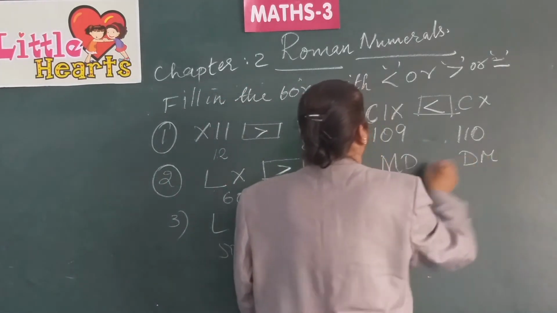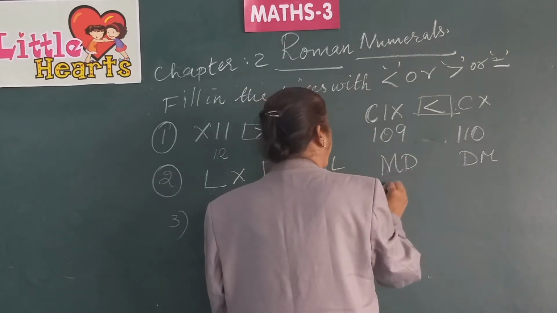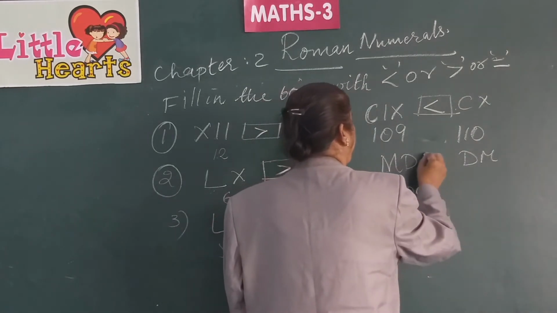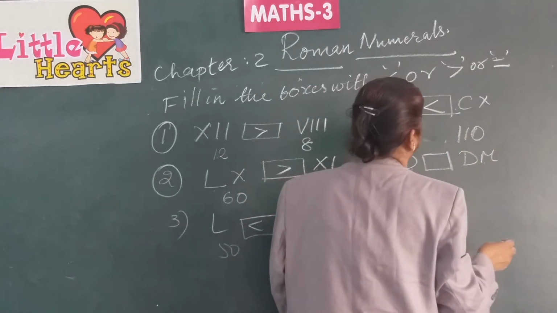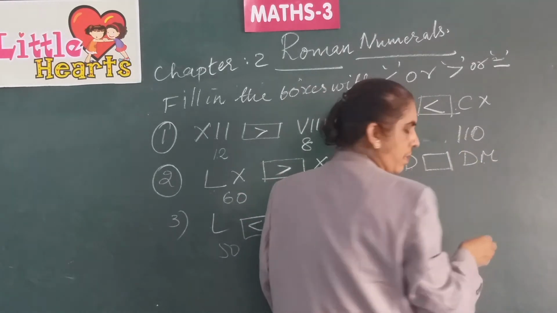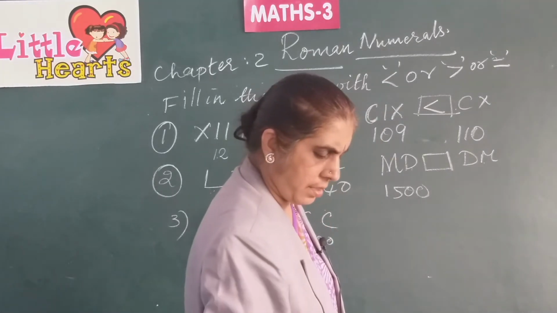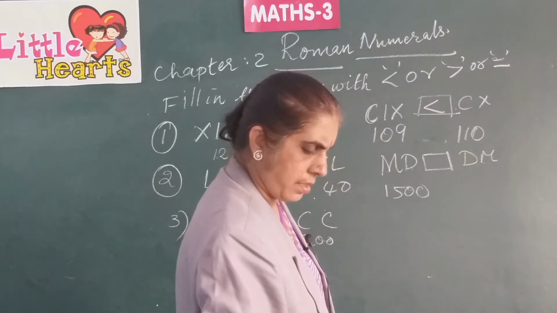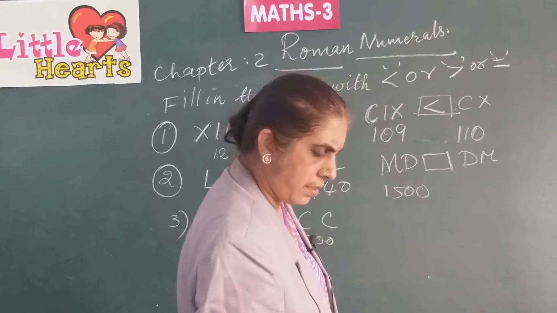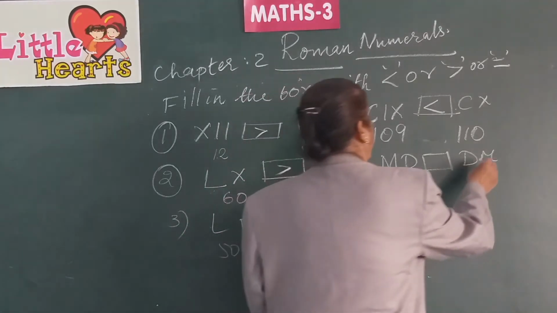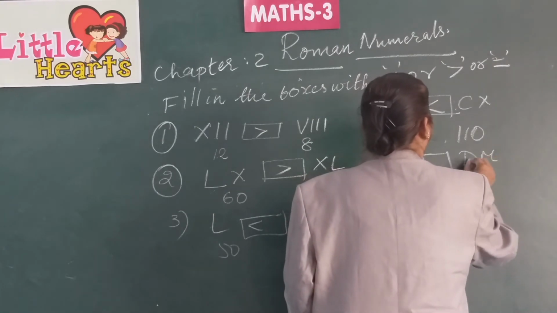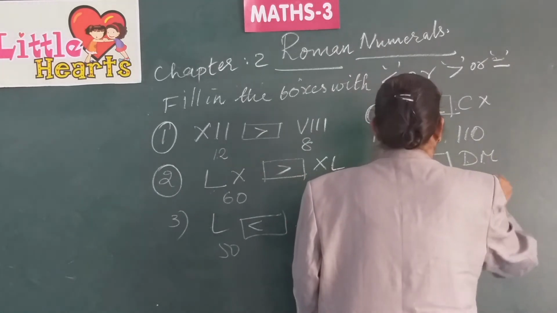MD: M is 1000, D is 500, 1500. DM: M is 1000 minus 500, 500.